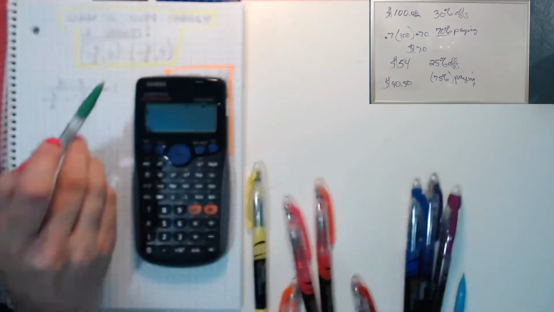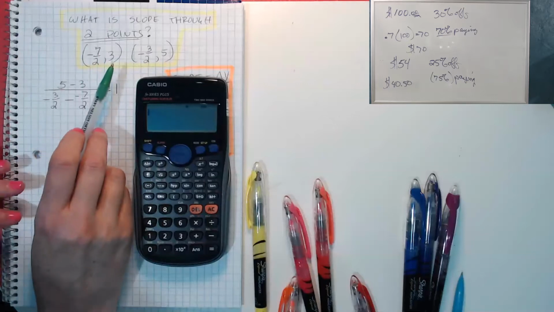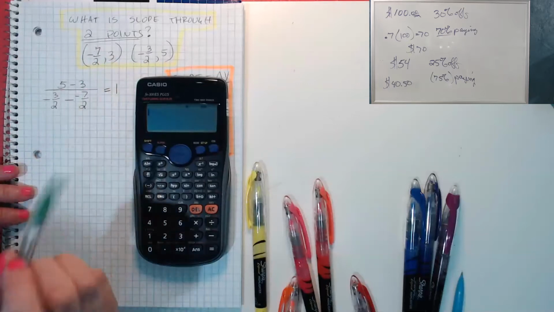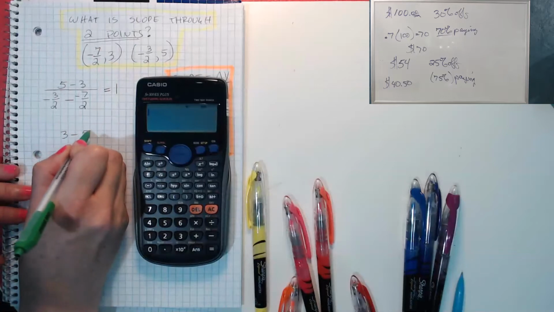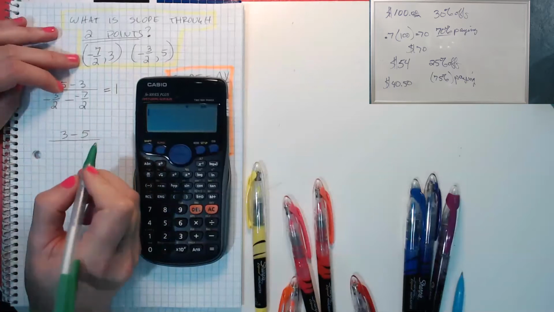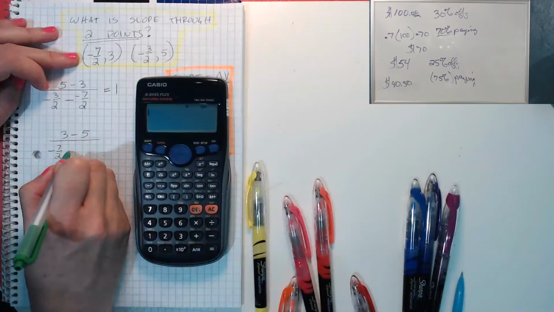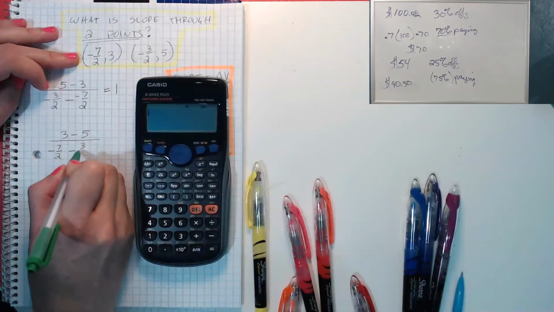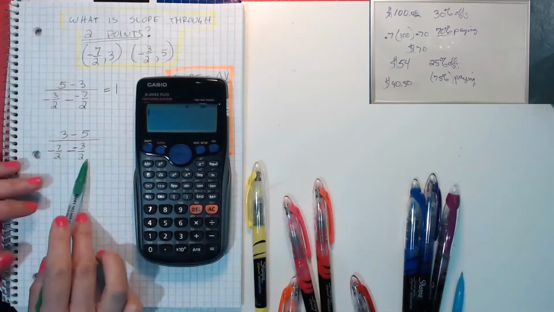Okay, so I chose this one to go first. Now let's do it the other way. Just so I can prove to you it doesn't matter which way we do it. Let's choose this one first. 3 minus 5 over negative 7/2 minus negative 3/2.